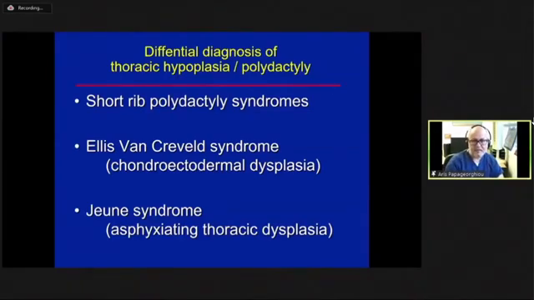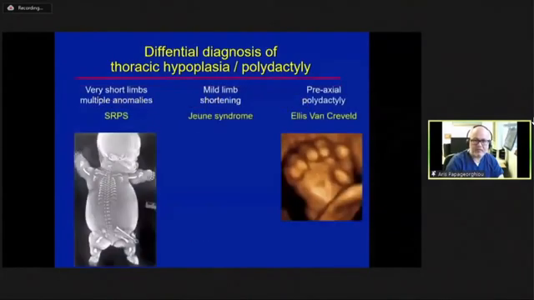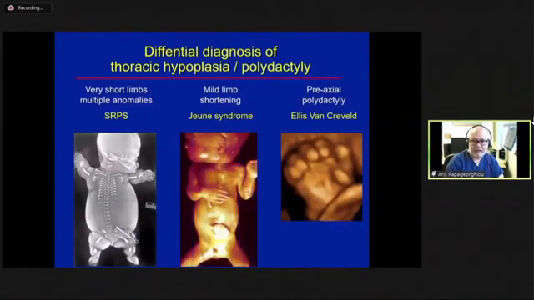All three have short ribs, abnormal bone structures, and limb shortening and polydactyly. In Jeune syndrome, we have much milder limb shortening, and Ellis van Creveld tends to have the polydactyly as preaxial rather than postaxial. So this is a sort of differential diagnosis between these three conditions.